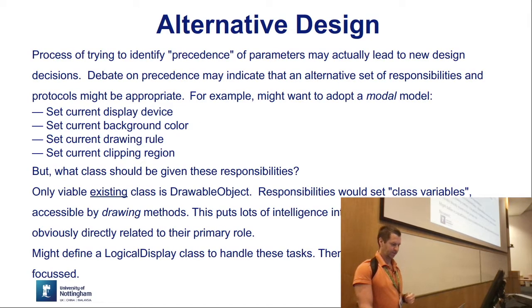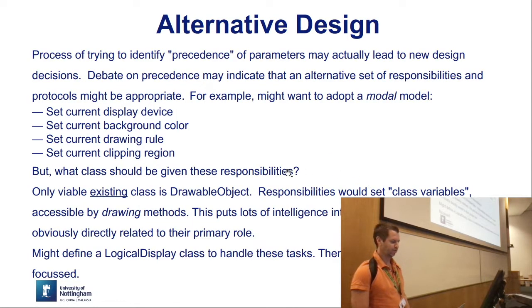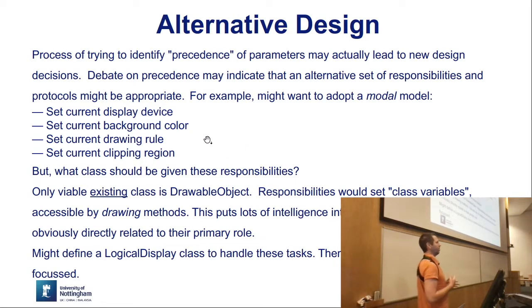We looked at these, and I think we mentioned this idea of instead of having a constructor or a method that has four different input parameters, using accessor methods to set those values instead, right?